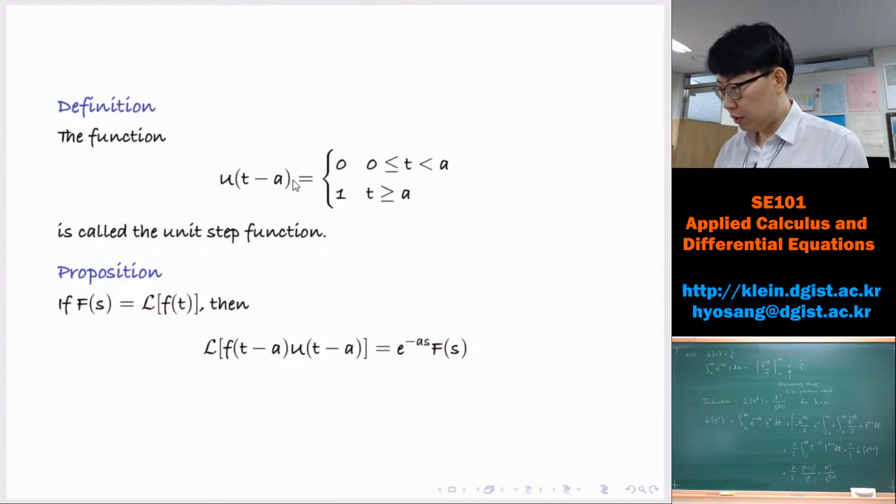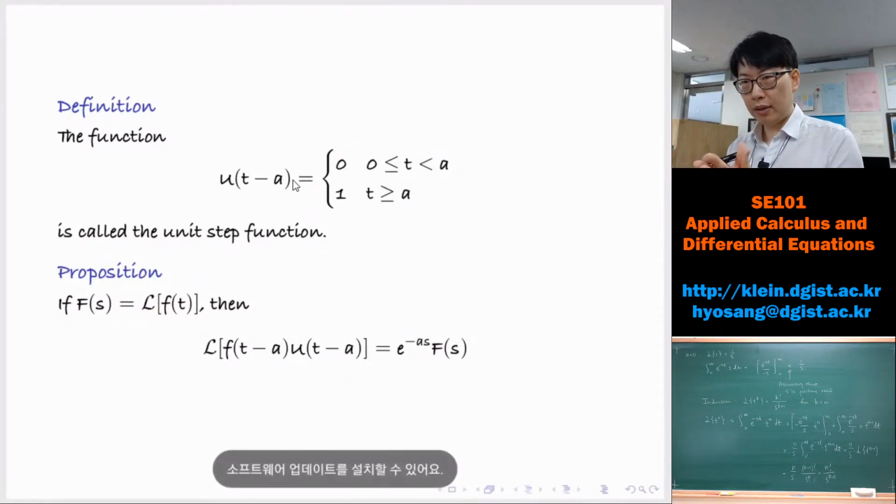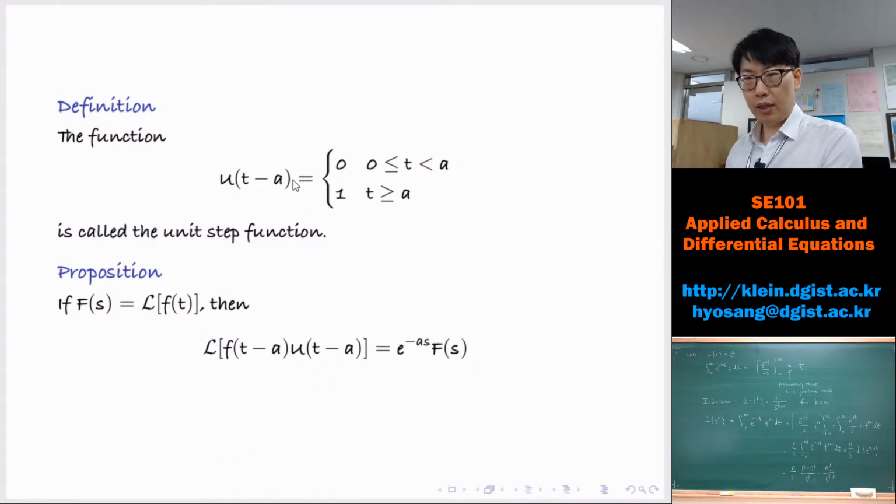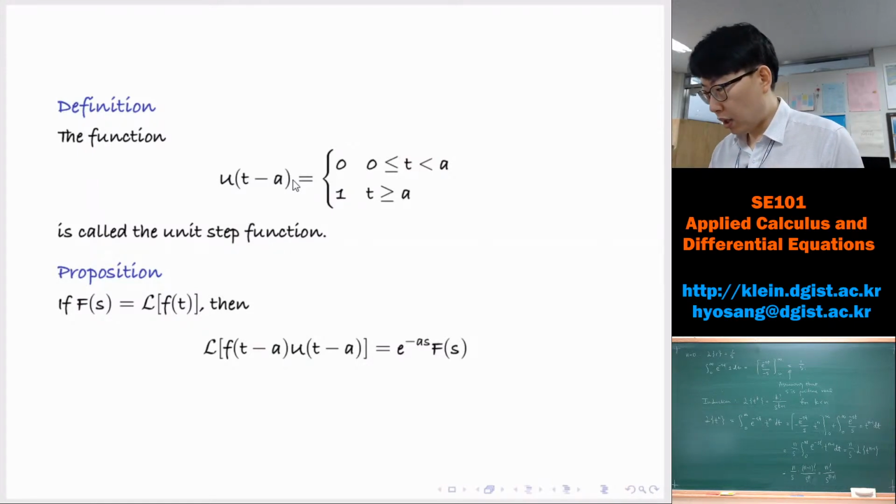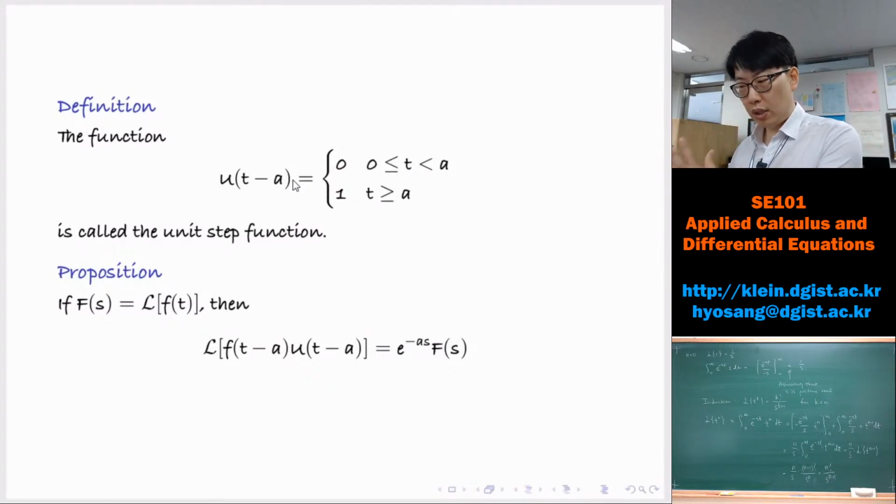So this u is written as u of t minus a. Basically, it's a shifting of u of t, where u of t is a 0 or 1 function: 0 on the negative side, 1 on the positive side. When I shift my function u of t to the right by a, this becomes u of t minus a.